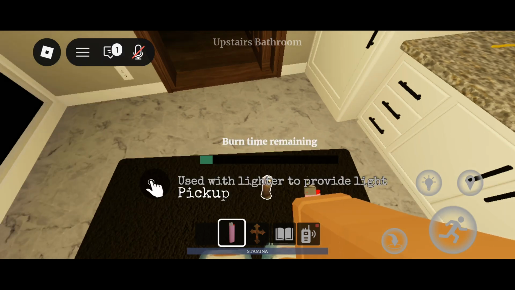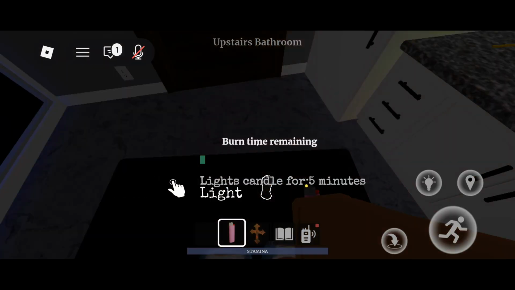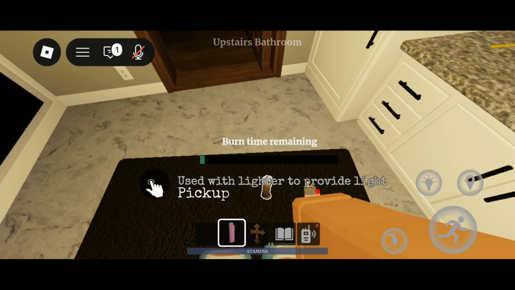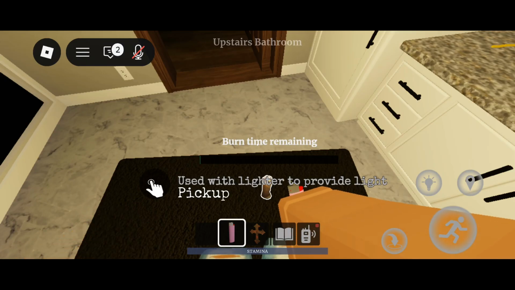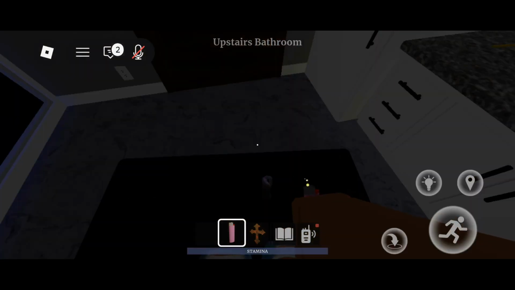Now, please remember, like Amy said earlier, there are factors that affect the rate of sanity loss. So, Leech Candle is not very reliable. Sometimes, just sometimes, it won't give you any sanity.